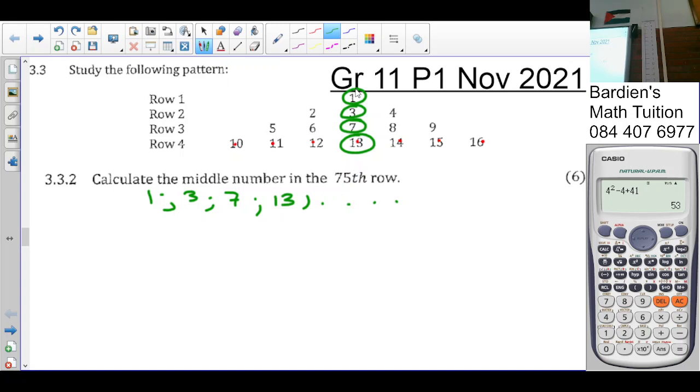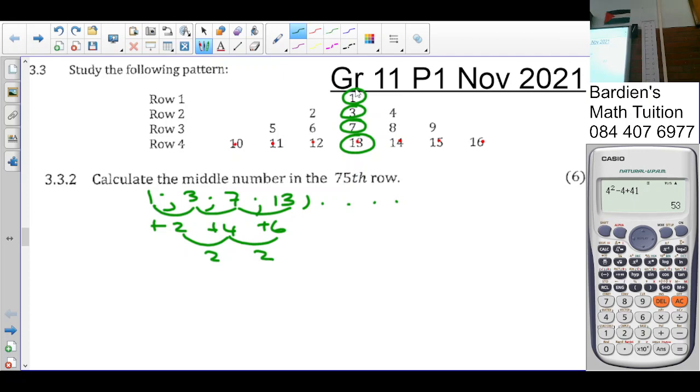So we form another pattern. Now we move from one term to the next, adding 2, then 4, then 6. So how do I move from one term to the next? 2, then. So what type of pattern is this again? Again quadratic.